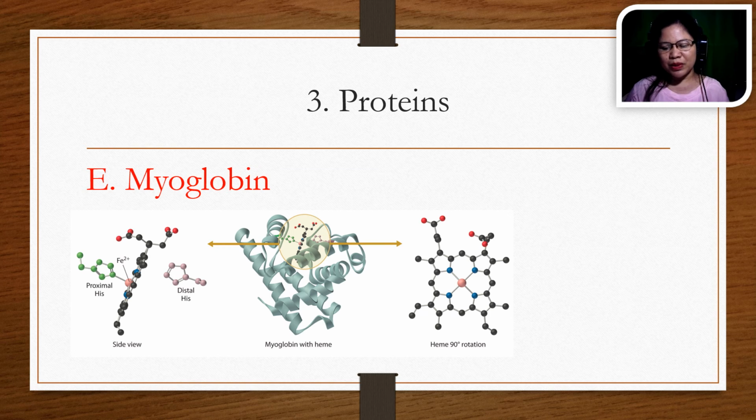It is the amino acids. That is the monomer or the building blocks of proteins. In order for your body to use the protein that you eat, it should be converted first into polypeptides and then into amino acids.